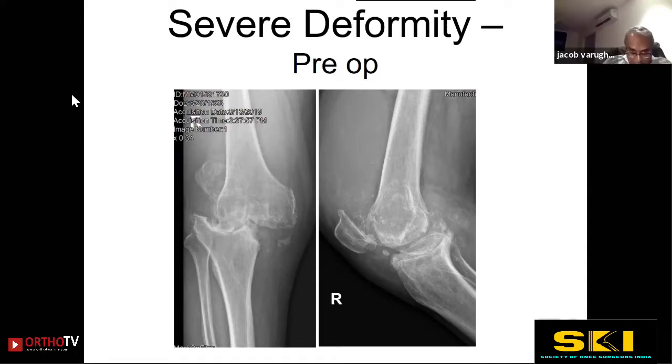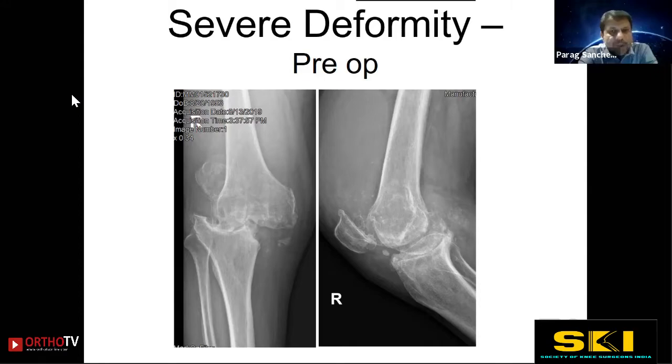I think all I probably need is a wedge, and I'll definitely keep a constrained liner, varus valgus constrained implants on the table, but I think the MCL will be intact most likely in this. I probably need to build up the tibia, because if you take the lateral view, I can see the deepest part of the femur is still above the fibula. So if at all, I might need a wedge on the medial side.